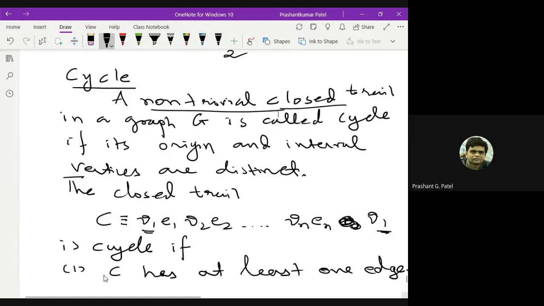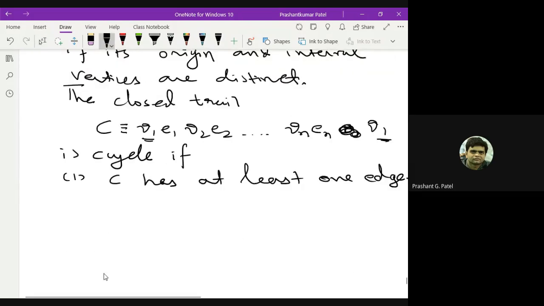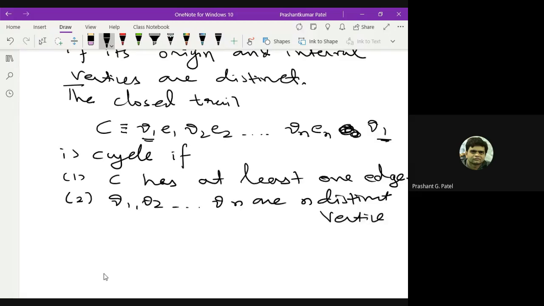That is the second condition: V1, V2 up to Vn are n distinct vertices. So a closed trail which satisfies these two conditions is called a cycle.